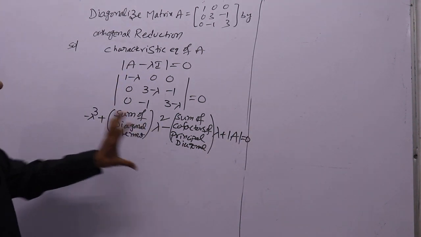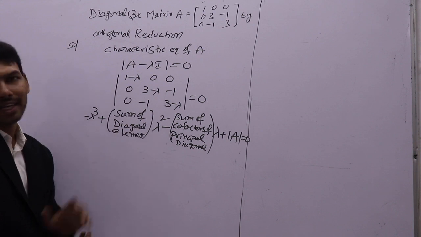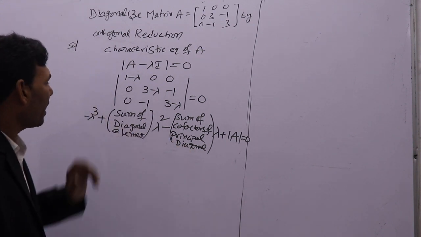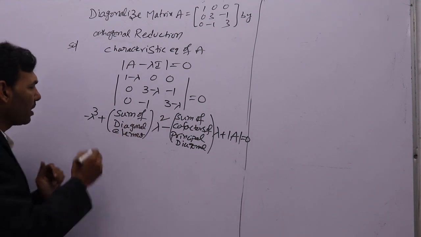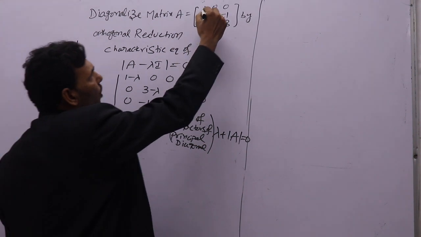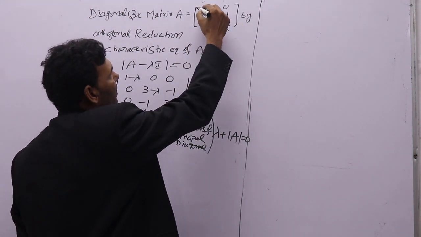So if you apply this technique, you can get the characteristic equation very accurately. That's why I am taking help of this shortcut: minus lambda cube plus sum of diagonal elements. You know, these three are the diagonal elements.